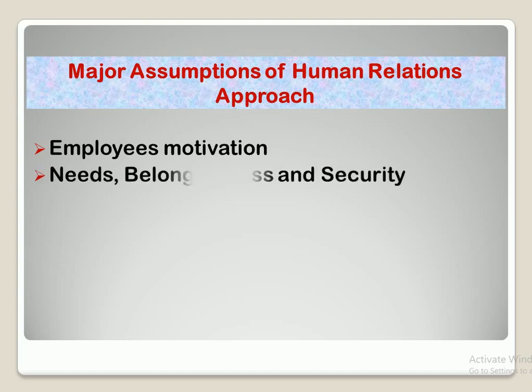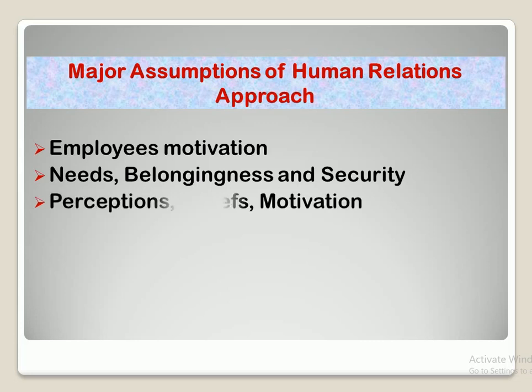These needs, belongingness and security, are far more important in determining worker morale and productivity than the physical conditions of the work environment. Next are perceptions, beliefs, and motivation. An individual's perception, beliefs, motivation, cognition, responses to frustration, and values are all similar factors that may affect behavior in work settings.